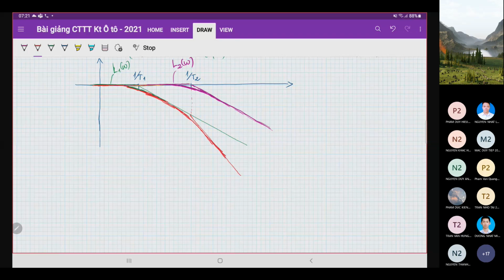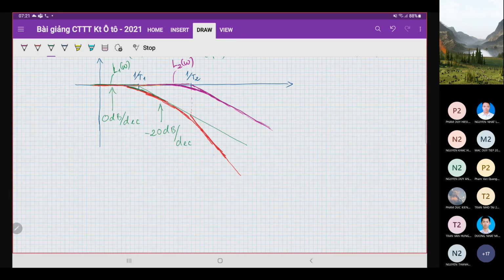Okay. That means we have here the first part of the final. Here we have the first part with 0 dB per decade. Okay, and the second part here we have minus 20 dB per decade.